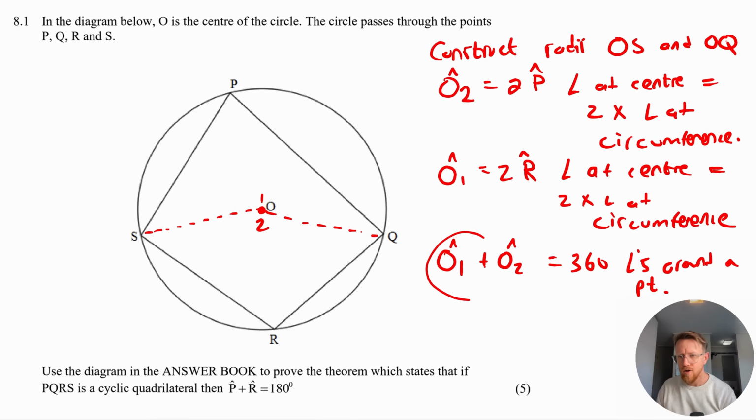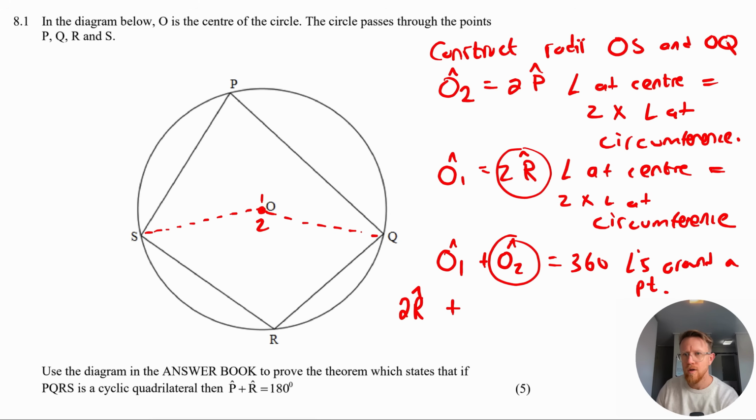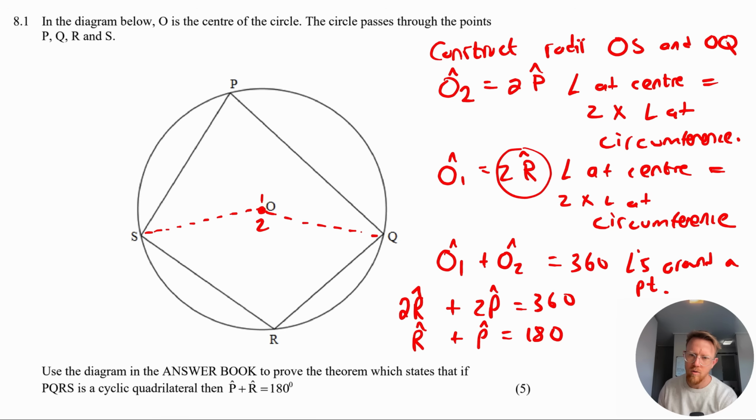But we also know that if we replace O1 with 2R, because that's what it also is, and we replace O2 with 2P, then we could make that equal to 360. We could then divide everything by 2, and you would end up with 180. And so we've just proven that R plus P equals 180.